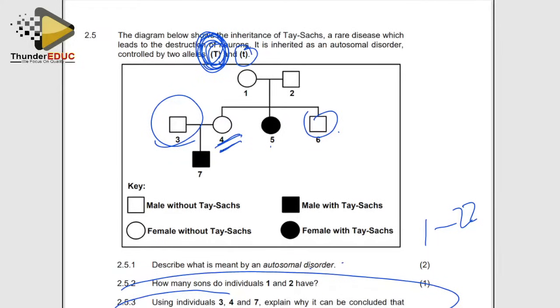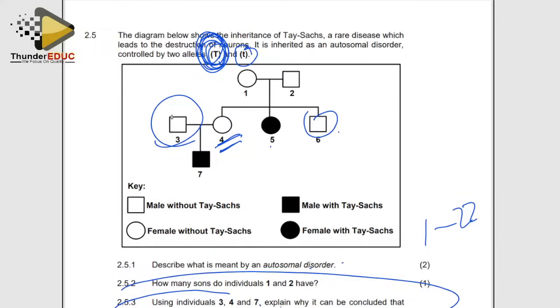Number 4. Yes. Then they are saying that using individuals 3, 4, and 7, explain why it can be concluded that this disease is controlled by a recessive allele.